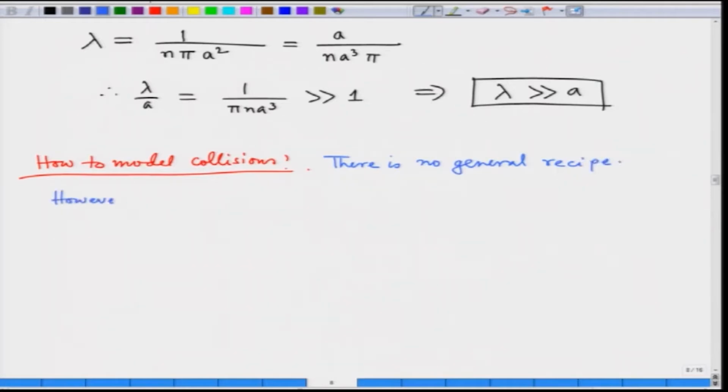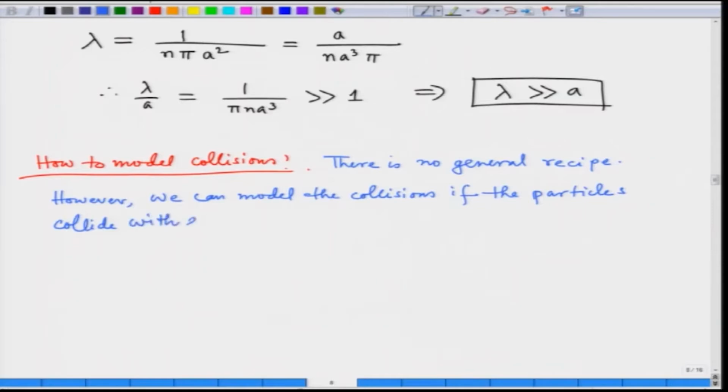However, we can model the collisions if the particles collide with each other by elastic collisions.